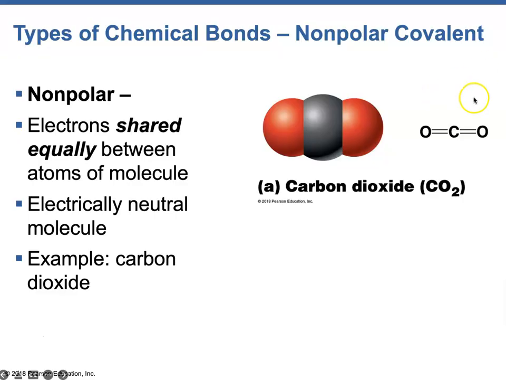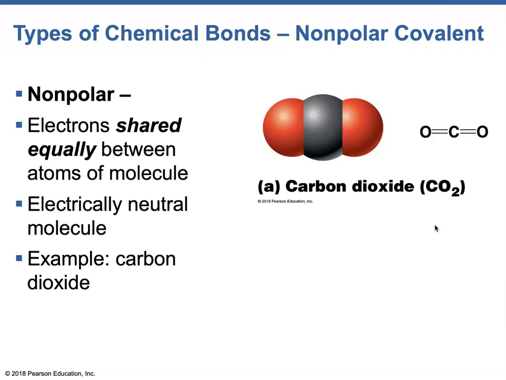Carbon has 4, and then this one here has 6. So what ends up happening is we pair up, and now the carbon will share 2 with each of the oxygens on the outside to make a complete orbital. We now have 8 happy places, and then same thing on this side. So now we have carbon dioxide. So what is happening here is we have equal sharing between the molecules, and this is what's called nonpolar.